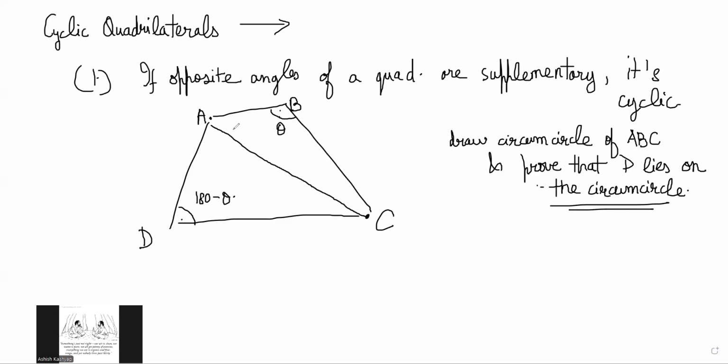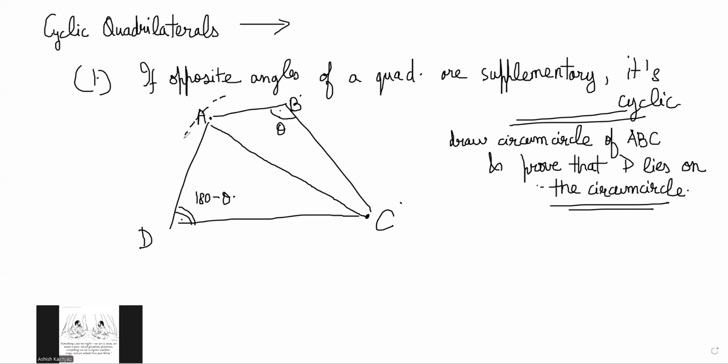It is guaranteed that as long as I have a triangle, A, B, and C are definitely going to lie on one circle, right? Yes, sir. So that is already guaranteed. Now we just need to show that if this angle is 180 minus theta, then D lies on the circumcircle. Okay.